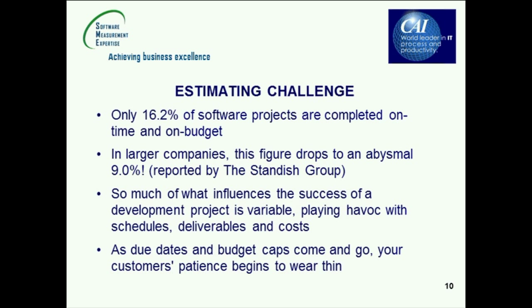So you're listening to this today, hopefully to find out how to better estimate in order to increase those percentages so that you can help your organization complete software projects on time, on budget, and of course, not only that, but with high quality.